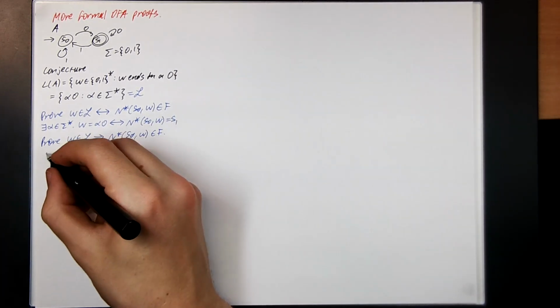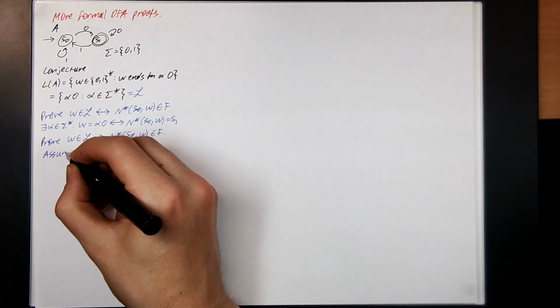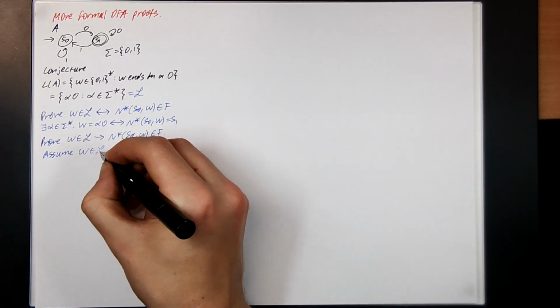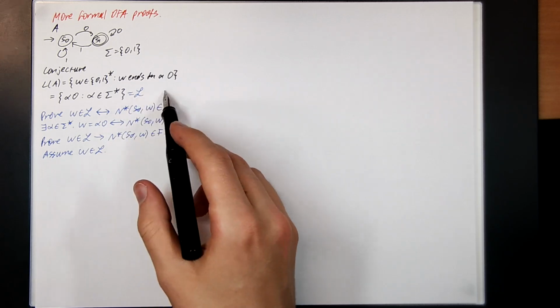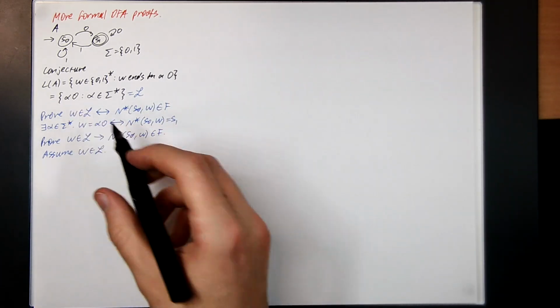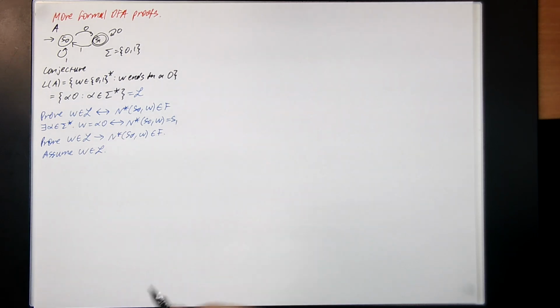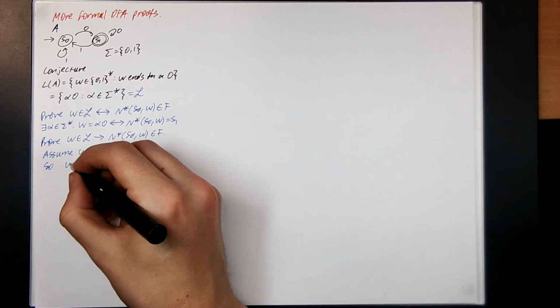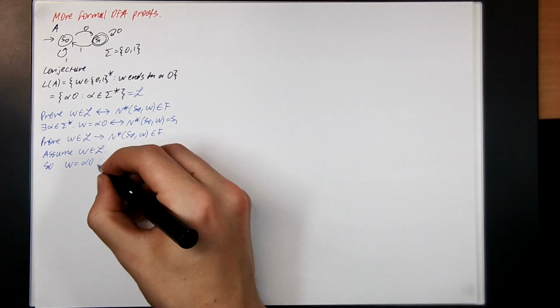Okay? So we're going to assume W is in curly L. W is in curly L, that means W ends in a 0. That means there is some string, alpha, such that W can be written as alpha 0. So W equals alpha 0 for some alpha.